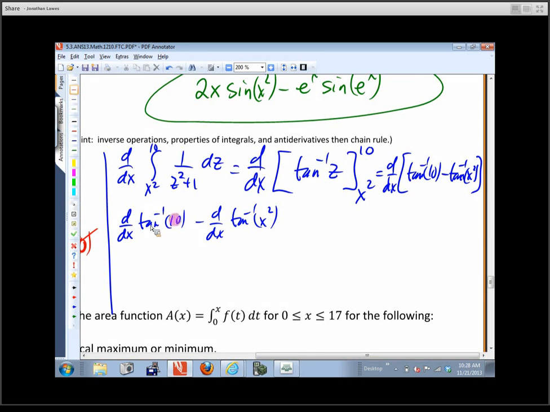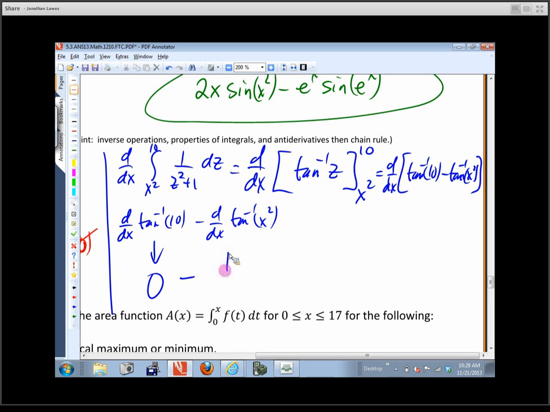What is this? Tangent inverse of 10 is a number, right? So this is a constant, so its derivative is 0, okay? Minus whatever I get for the derivative here. Let's see, tangent inverse. Well, gosh, we just got done anti-differentiating it, so we better know what the derivative is.